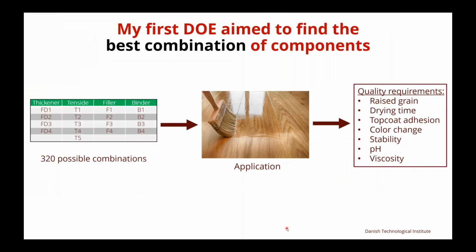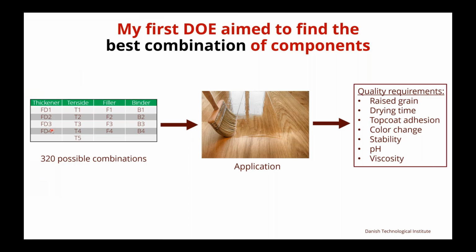So what we were aiming to do here was to figure out the best combination of components in a formulation. It had, I think, a total of 7 or 8 components, but these were sort of the most important ones judged by the company. And for each of these components, there was a number of candidates from different suppliers that they figured could be useful.